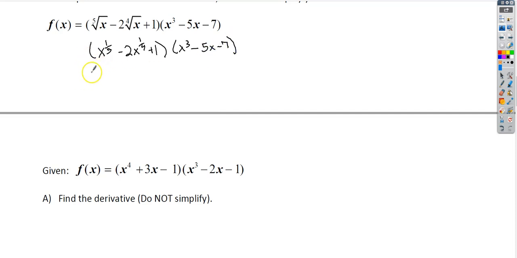Alright, so x to the first one stays the same, and times by the derivative of the second.